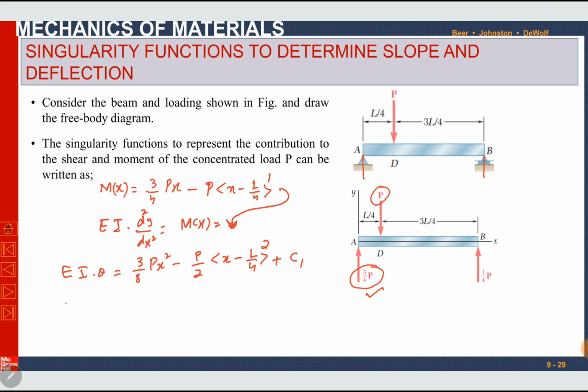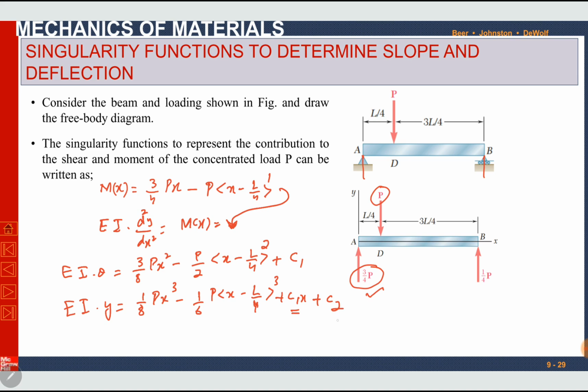On the next integration, it will be EI y. The integral of the right side will be 1/8 P x cube minus 1/6 P into x minus L/4 power 3. The integral of C1 will be C1 x, and here will be another constant of integration, C2.